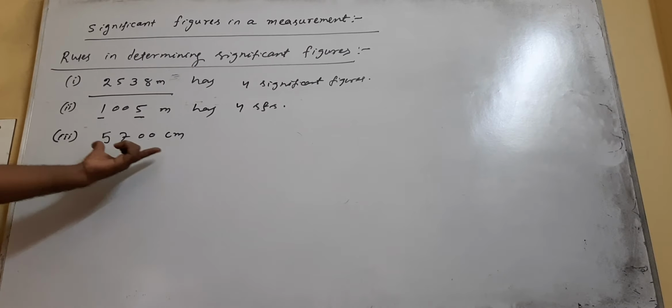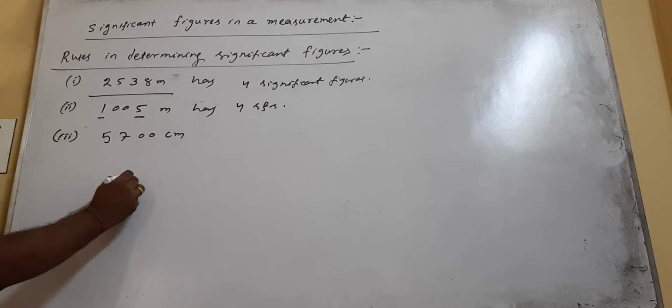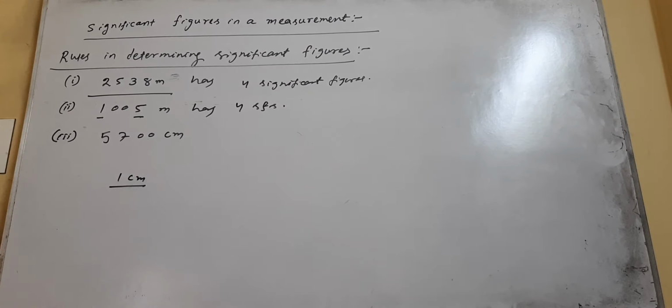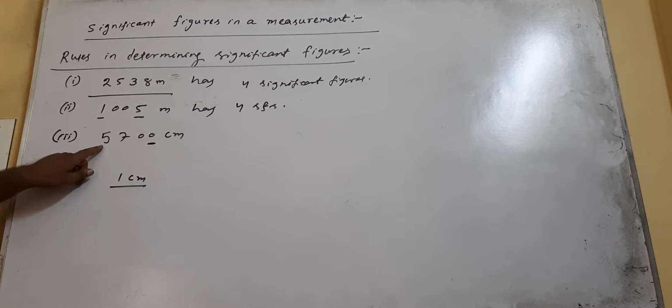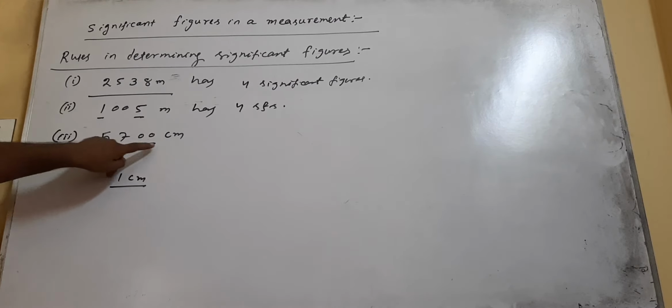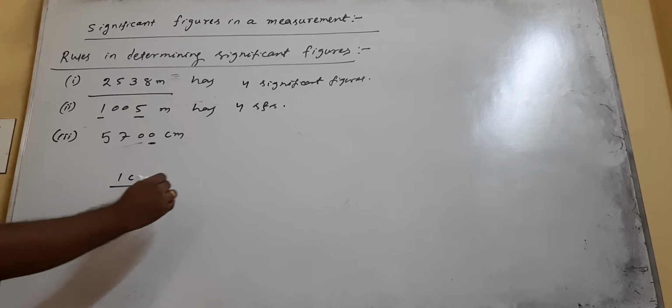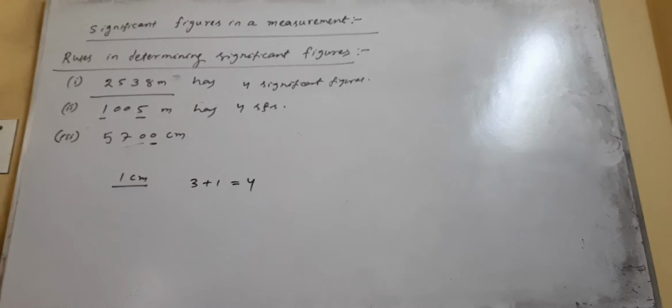How many significant figures does it have? That depends upon the least count. If the least count is 1 centimeter, that means you have the uncertainty here. Then the number of significant figures is 1, 2, 3, 4. These three are certain digits and this is the uncertain digit. So the number of significant figures is 4.